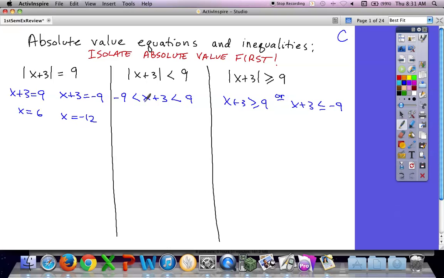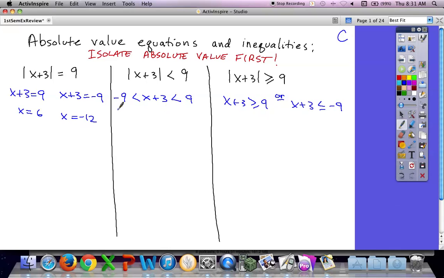You could be correct if you wrote down x plus 3 is less than 9, and negative 9 is less than x plus 3. Those 2 together would be the same thing as this 3-part inequality. And on the tests we do in this class, you sometimes did it and got it right, and that was fine. But you'll never see that on one of these tests that are being given by somebody else, because that's not the way you deal with a less than.